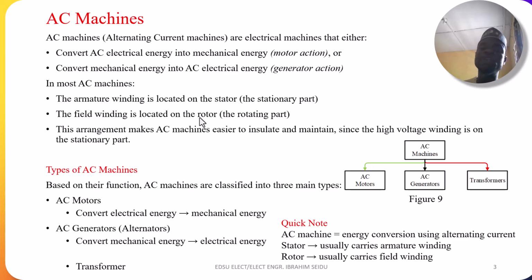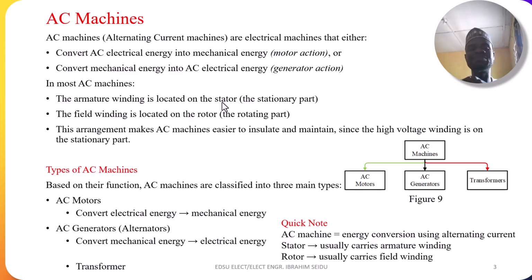And don't forget, the rotor is the rotating part of a machine, or you can call it the shaft that normally rotates in a machine. Rotor is gotten from rotation, so it's the rotating part of a machine. So the field winding is located at the rotor, while the armature winding is located at the stator.